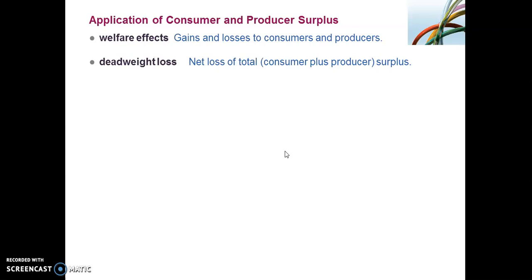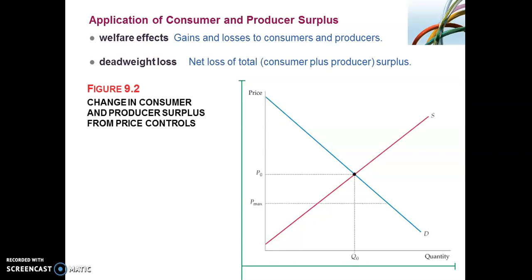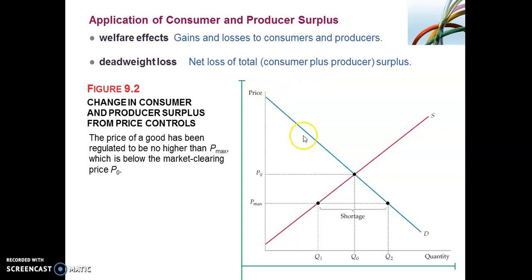Now, let's quickly look at figure 9.2. Here we have our market supply and market demand curves. Market demand is your blue curve and your supply is the upward sloping red curve. Again, we've got price on the vertical axis and quantity on the horizontal axis.